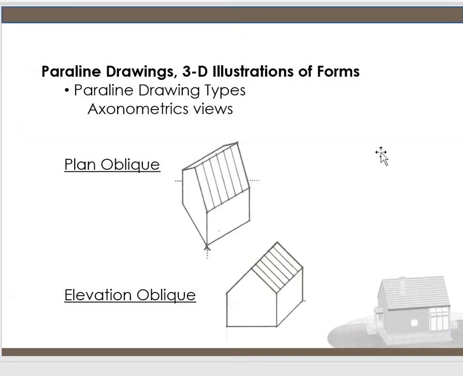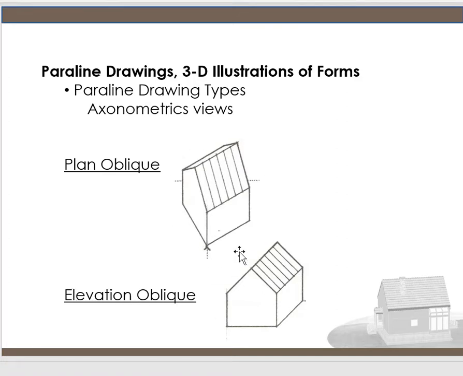Now, Paraline drawings, like I said, give you a 3D illustration of a form. And the 2 we want to really focus on, because we'll be doing this in our next lesson as I do a demo, are the oblique drawings. There are 2 types of Paraline drawing types. These are called axonometric views, and there's a plan oblique and an elevation oblique, and I'll define those.